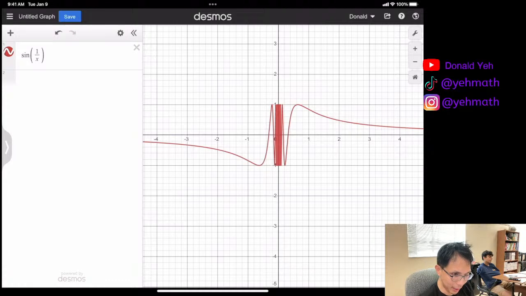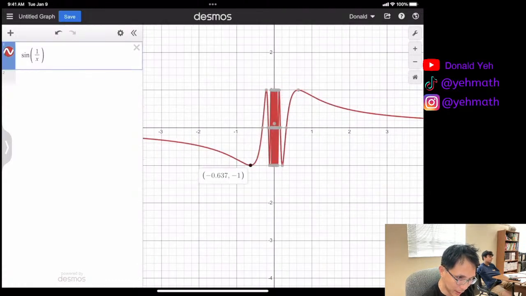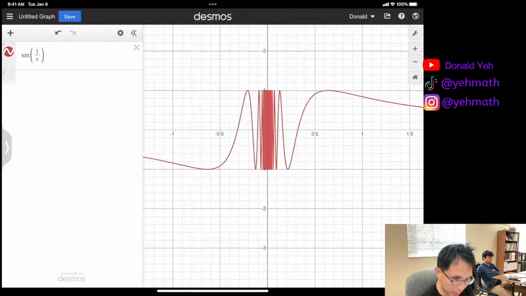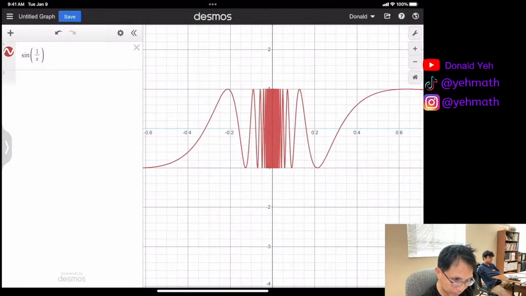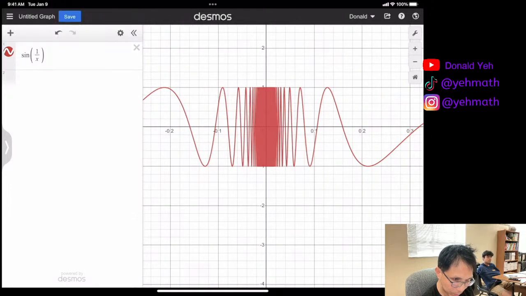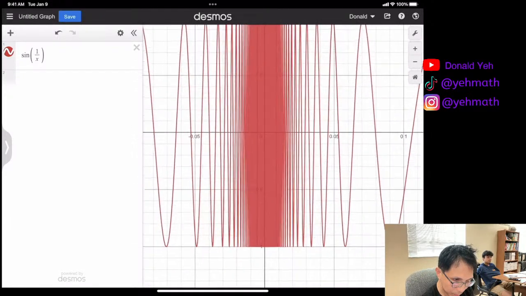So look at this graph. It's oscillating from -1, +1, -1, +1, and just keeps on going. Now look at the graph, what happened in the middle when it reached zero. That's how fast.